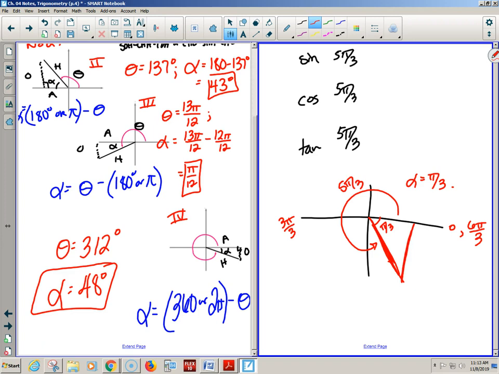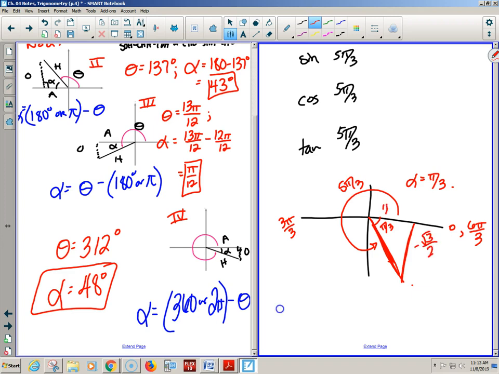And so what's happening at pi over 3 in the first quadrant happens here too. The only thing that changes is instead of going a positive x and a positive y, I just go a positive x and a negative y. The 4th quadrant changes the signs, but it doesn't change the ratios. I can use the same exact ratios for the reference angle to get the ratios for the bigger angle.